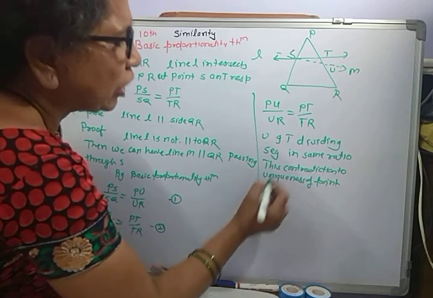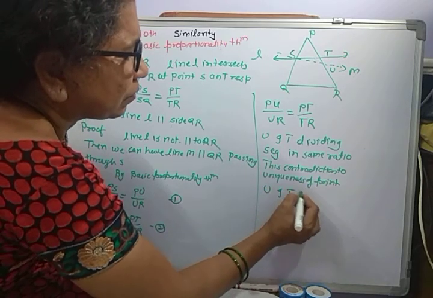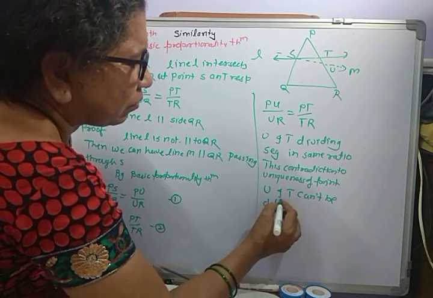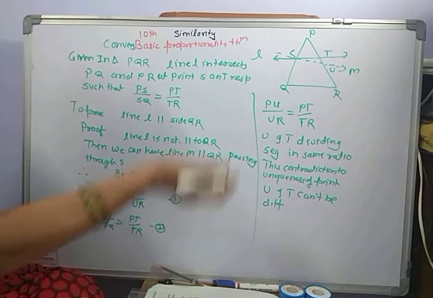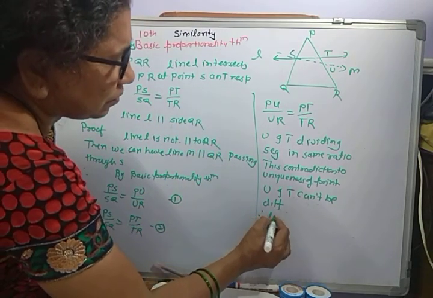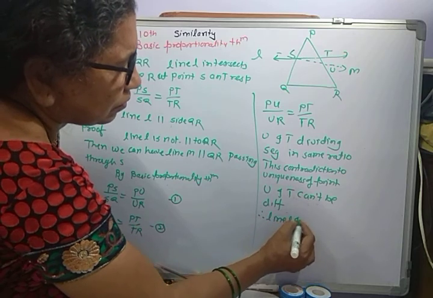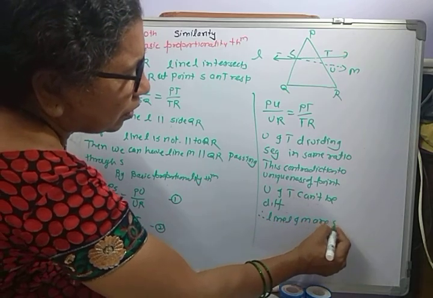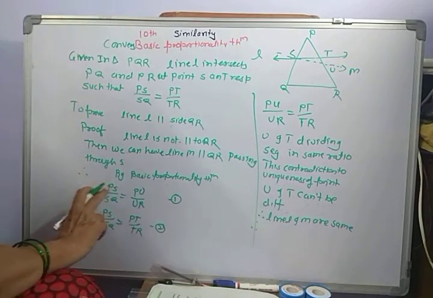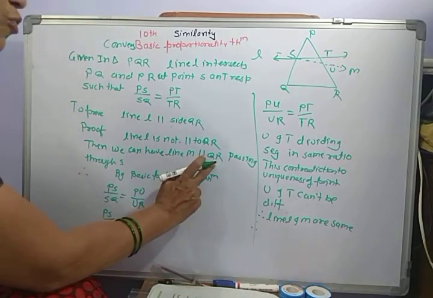That is, U and T cannot be different. And if U and T are not different, lines L and M also cannot be different.